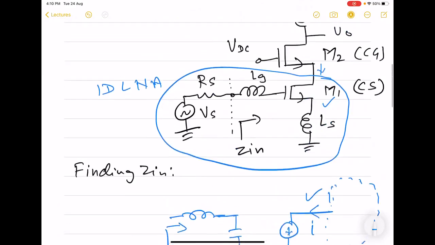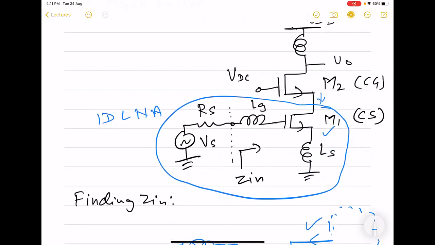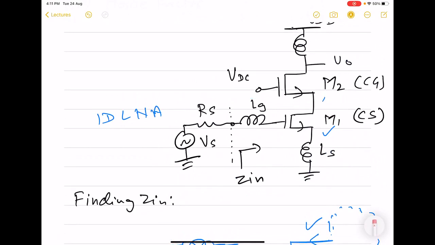So here, when we look at the circuit, we see that there are now three noise sources present in this circuit. First is this RS, second is MOS1, and third is MOS2. So we will have to find out the short-circuited output current due to each of these three elements.